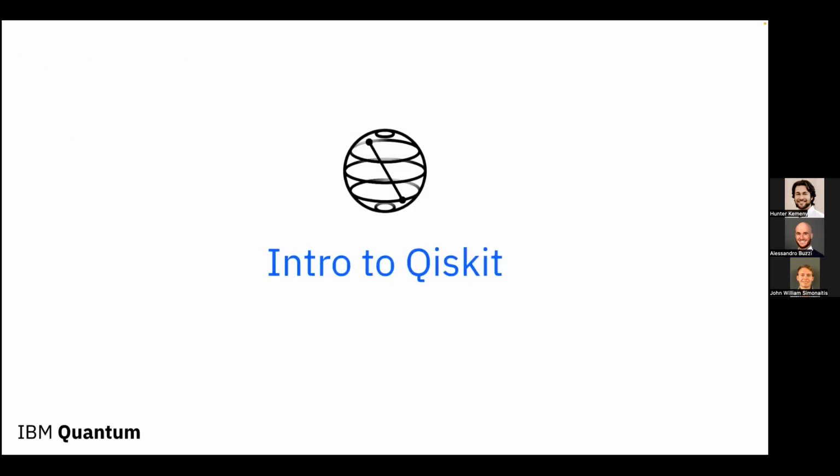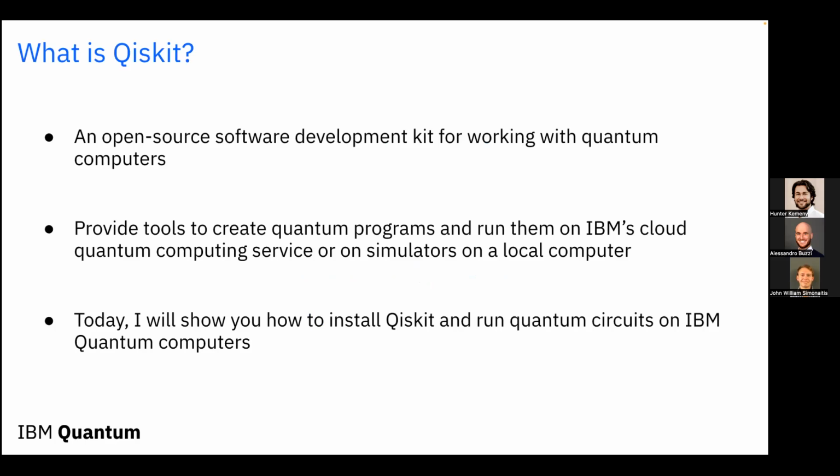So now I want to talk about some introductory Qiskit material. For those of you who haven't worked with Qiskit before or who haven't heard of it, don't have very much familiarity, I just want to give a brief overview. So Qiskit stands for Quantum Information Science Kit. It's a software development kit for working with quantum computers, specifically IBM superconducting quantum computers.